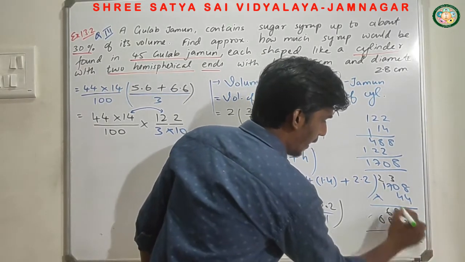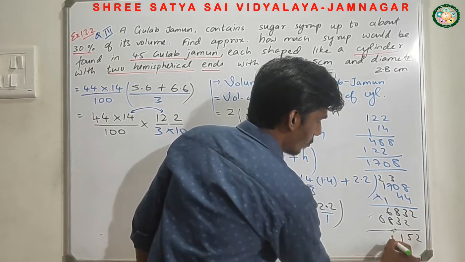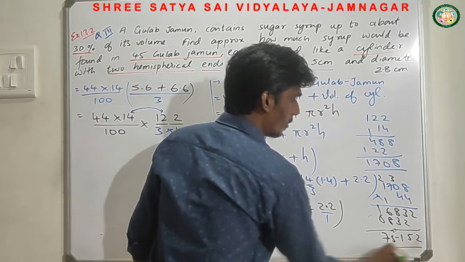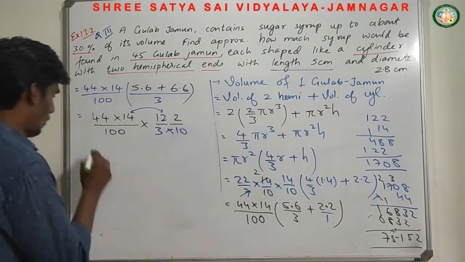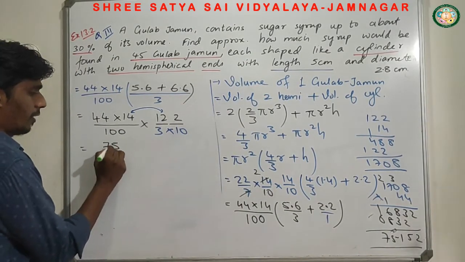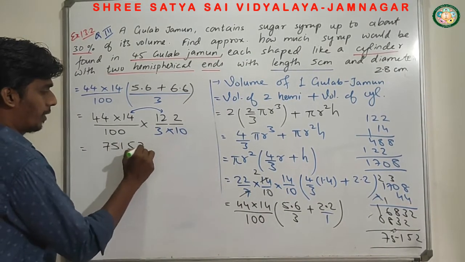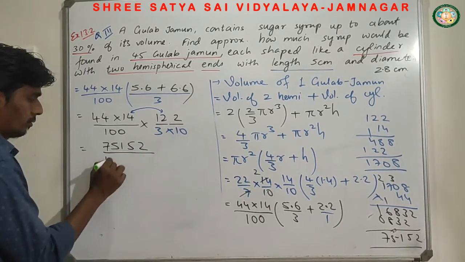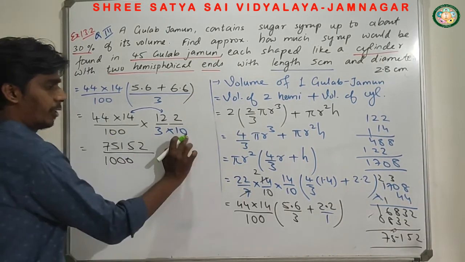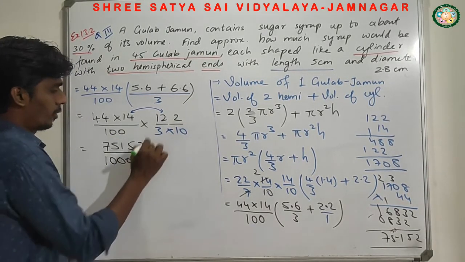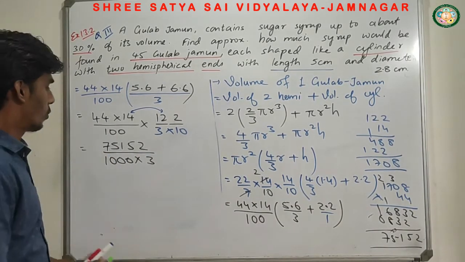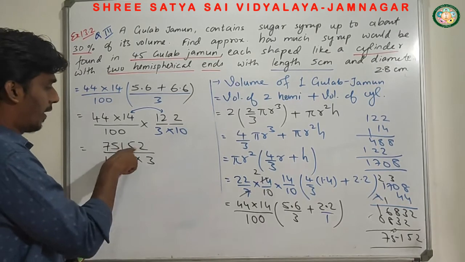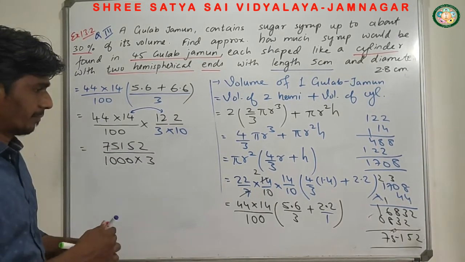So how much did I get? 7, 5, 1, 5, 2. So this is 75152 upon 1000. 100 into 10, 1000 into 3. Still we didn't get the volume, so I have to divide 75152 by 3.